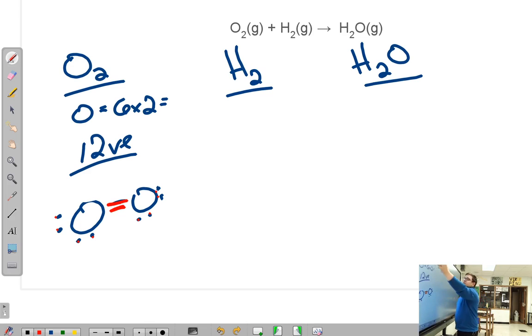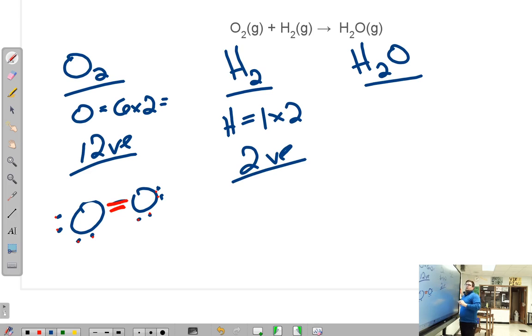Okay, same thing for hydrogen. Let's do hydrogen now. Hydrogen has how many valence electrons? It's 1, but I have 2, so 1 times 2 will give me 2 valence electrons in total. That's it, we're done, right?